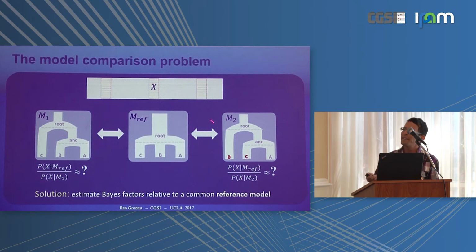But by adding context, I don't compute the likelihood of these two models, but I compute what's called the Bayes factor, which is just a relative likelihood of a model compared to another model, relative to the same reference. If I can estimate these more accurately than I can estimate the original likelihood, then I can get a better comparison between these two models.